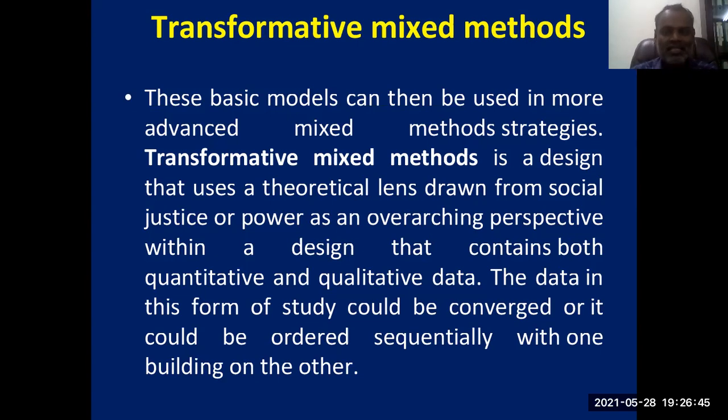This action research is a research design that uses a theoretical perspective drawn from social justice or power as an overarching perspective within this design. So this design contains both quantitative and qualitative data, and could be convergent or sequential with one building on others.